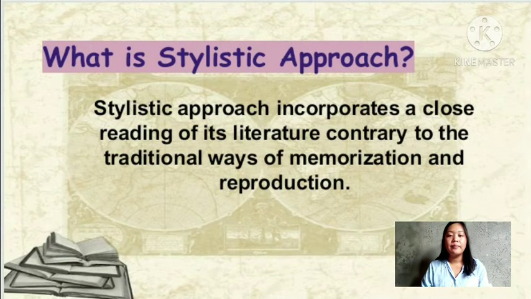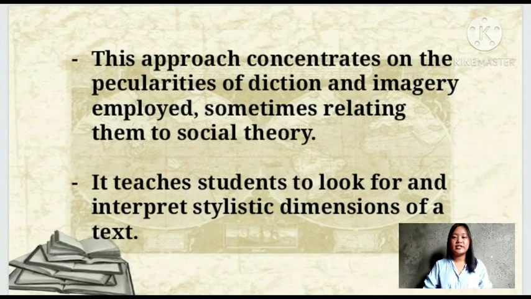Rather, it is all about reading, comprehension, relation to personal experience, and interpreting every word, structure, and sentence used in a specific literature. This approach concentrates on the peculiarities of diction and imagery employed, sometimes relating them to social theory. So, if there is a strange use of words, this approach is very essential to use, so that we will learn how the meanings of a particular word are made.